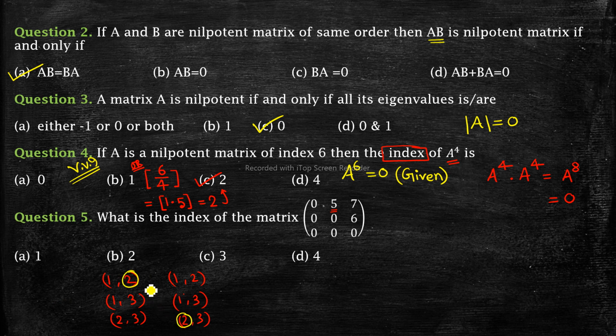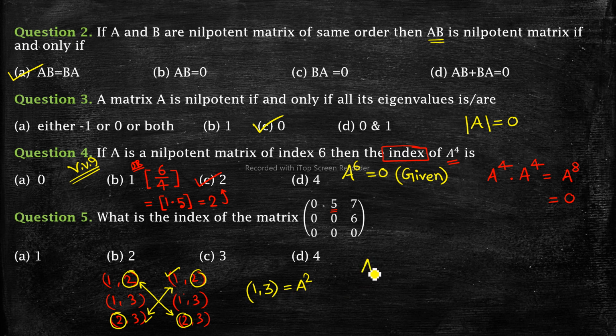These two elements we can take, so 1 comma 3 will come. Other than these two you cannot make any, because here the row is 2 and here the column is 2. So the ultimate answer is 1 comma 3. This is the value of A square, because I have multiplied A into A, but it is not null.